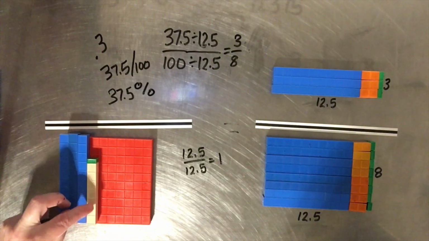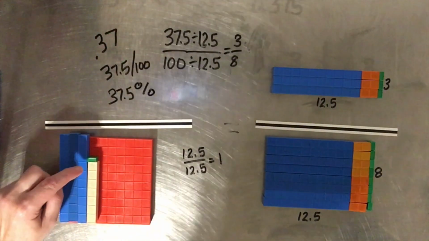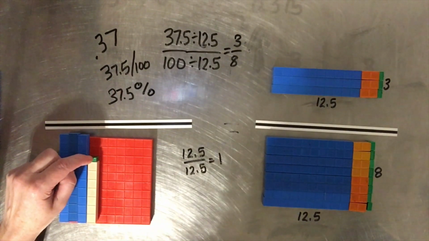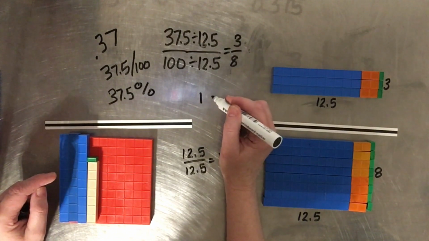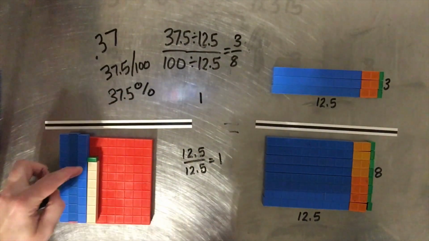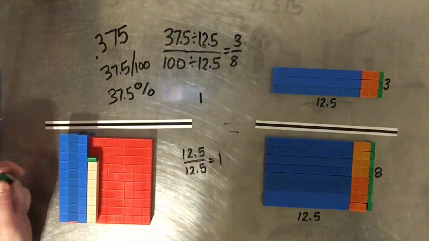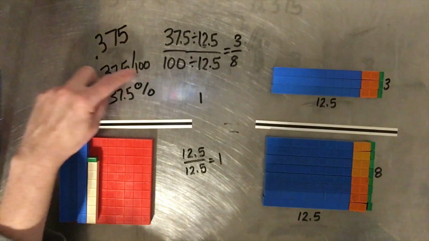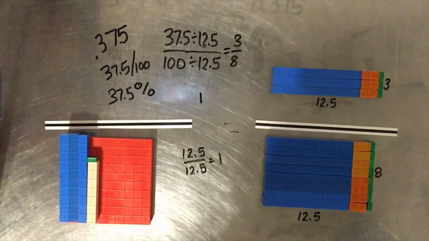And you've got 1, 2, 3, 4, 5, 6, 7 hundredths. And then you've got 1, 2, 3, 4, 5. Remember the little ones that I said you would cut this one into? You'd get 10 of them. Well, there's 5 in that half of one, and so there's 5 thousandths. So 37.5 out of 100, 37.5%, or 3/10, 7 hundredths, and 5 thousandths.